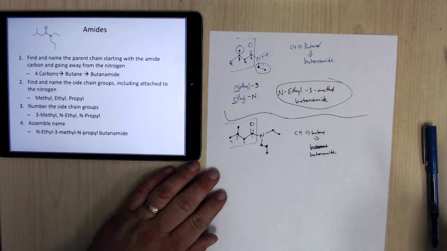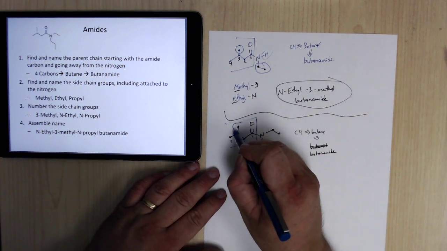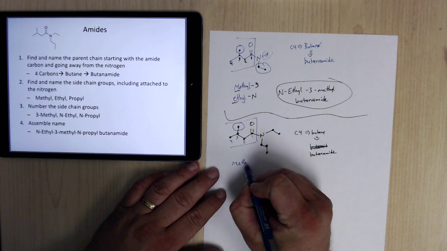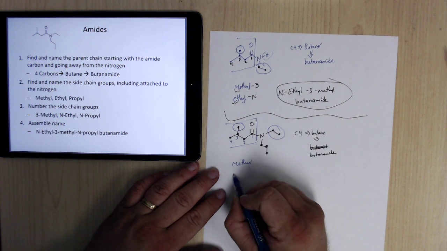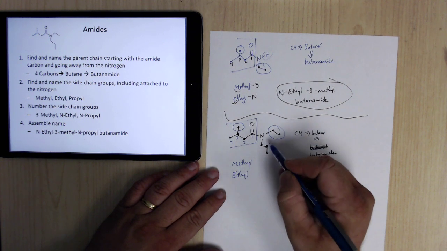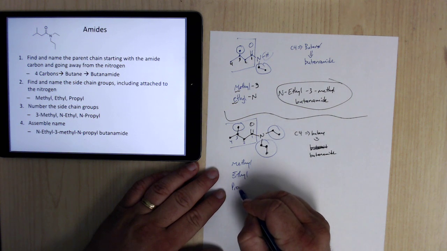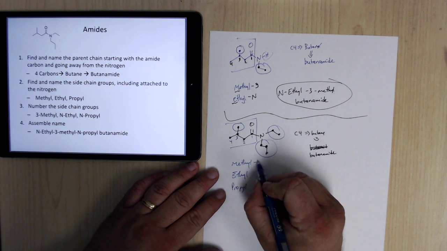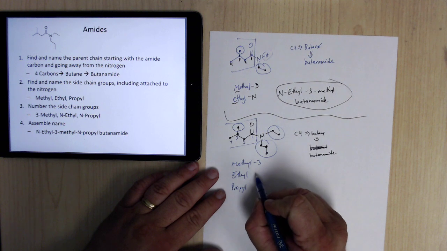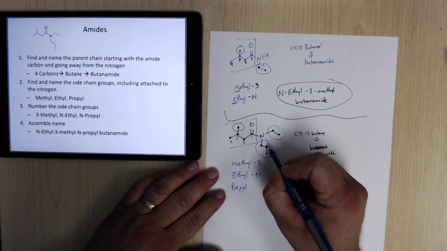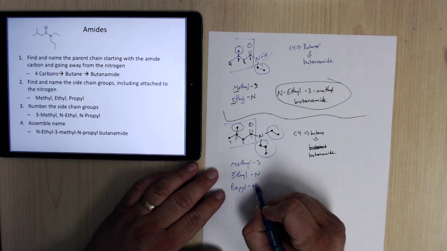Again, our side chains are a methyl, an ethyl, and a propyl. The methyl's hanging off of 3, the ethyl's hanging off of the nitrogen, and the propyl is also hanging off the nitrogen.